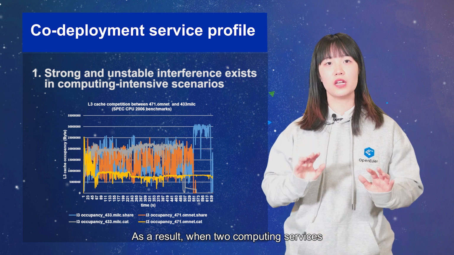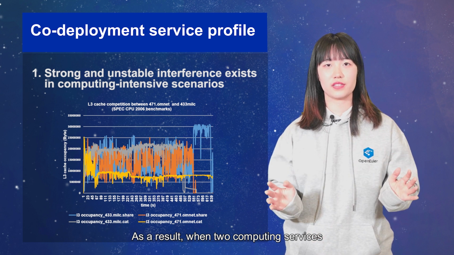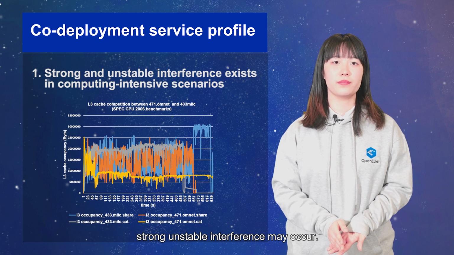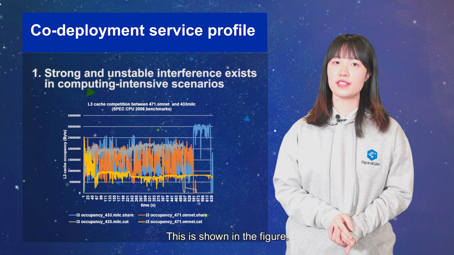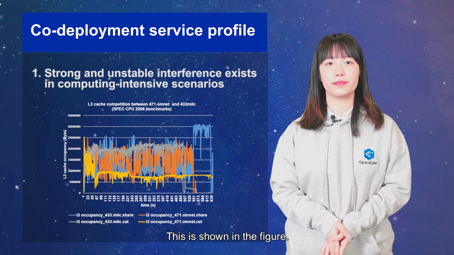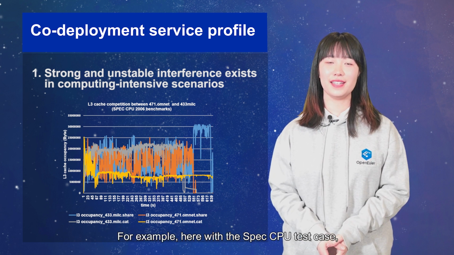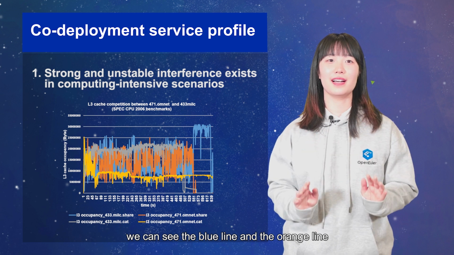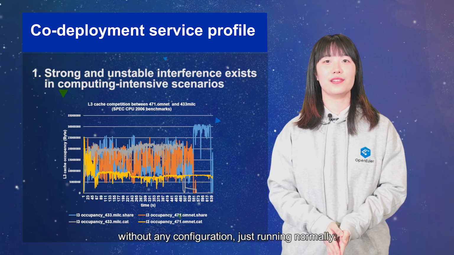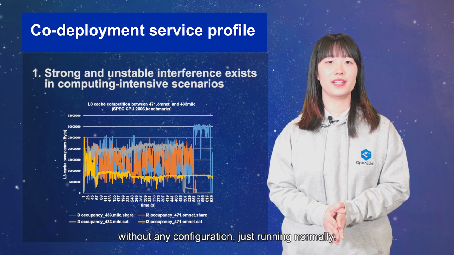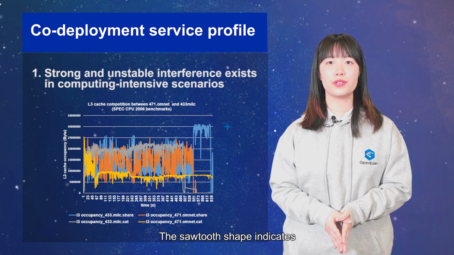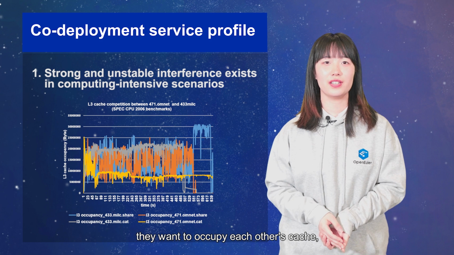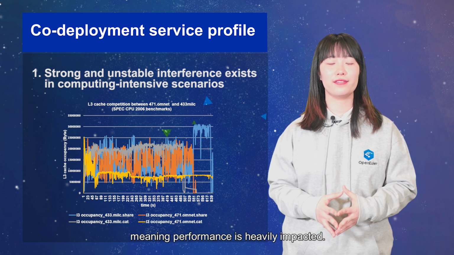As a result, when two computing services are running at the same time, strong unstable interference may occur. This is shown in the figure. For example, here with the SPEC CPU test case, we can see the blue line and the orange line without any configuration, just running normally. The sawtooth shape indicates they want to occupy each other's cache, meaning performance is heavily impacted.